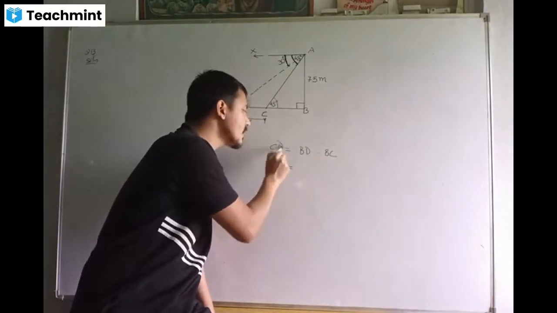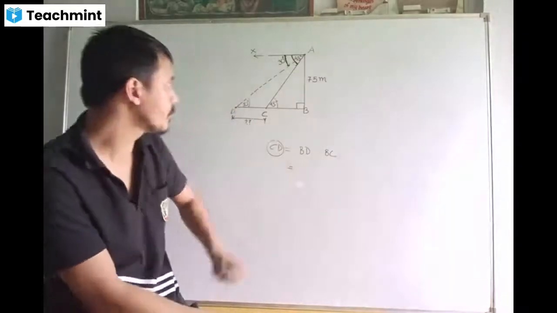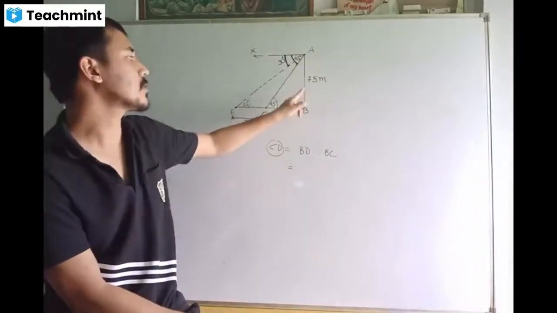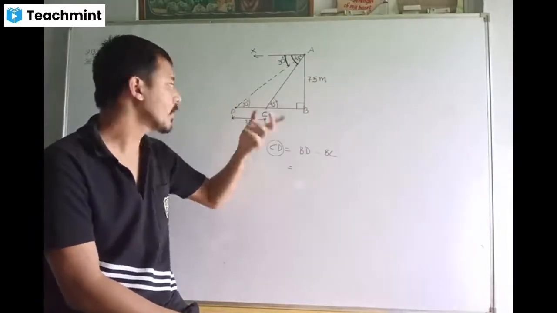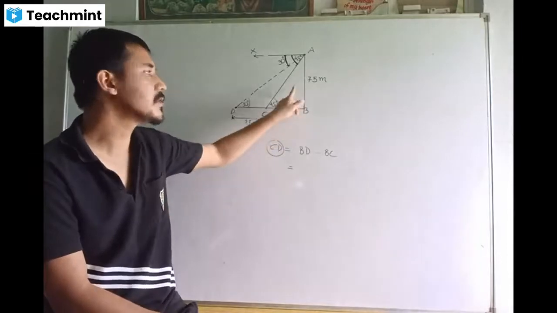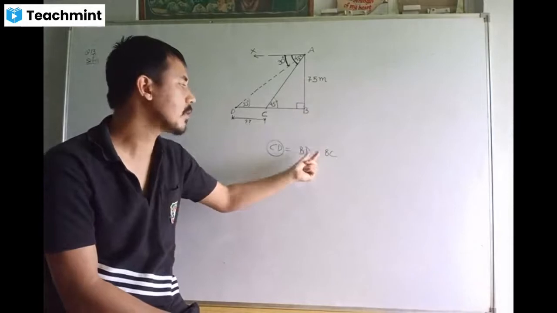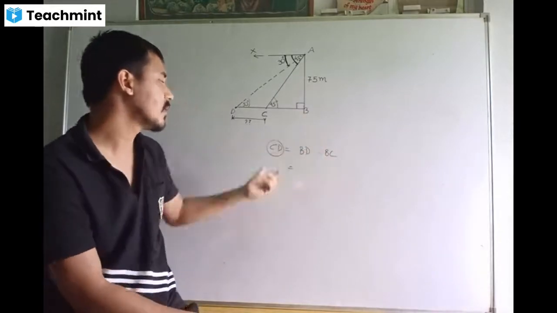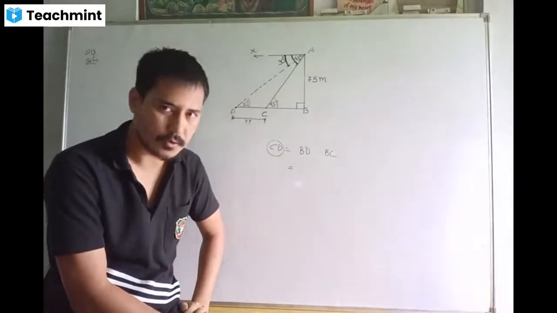Then we get CD, which is the distance between the two ships. All right? From the bigger right triangle, we find out BD and we subtract BC, which can be obtained from the smaller right triangle. So BD minus BC gives us CD, which is the required distance between the two ships. All right.